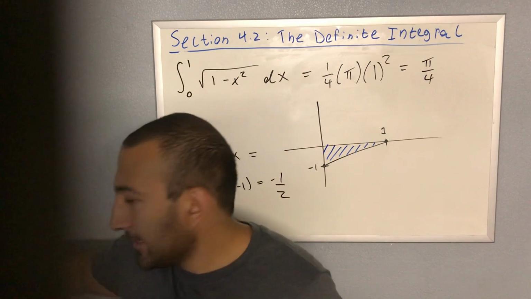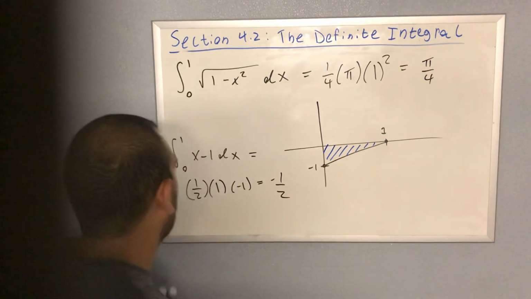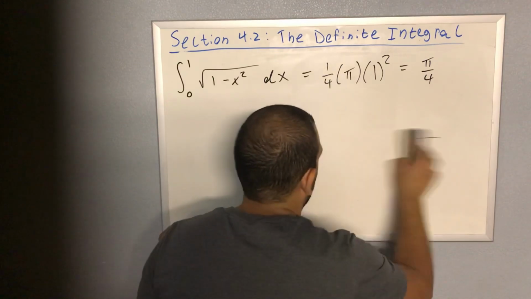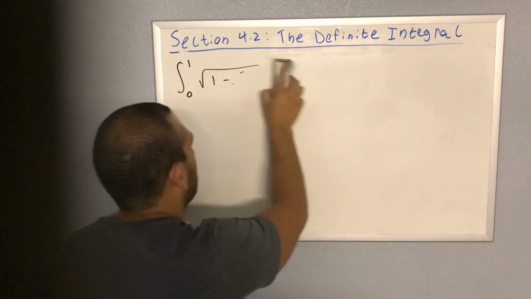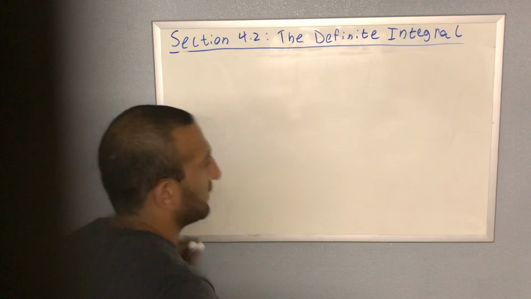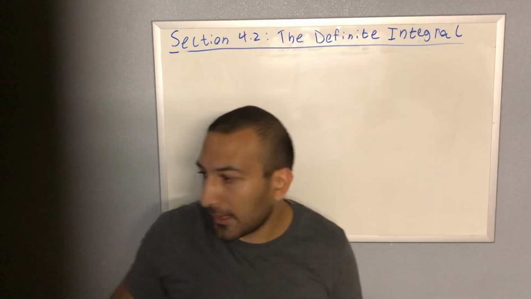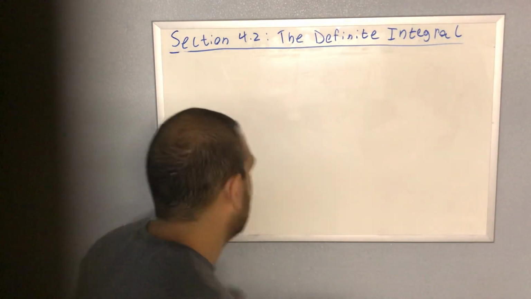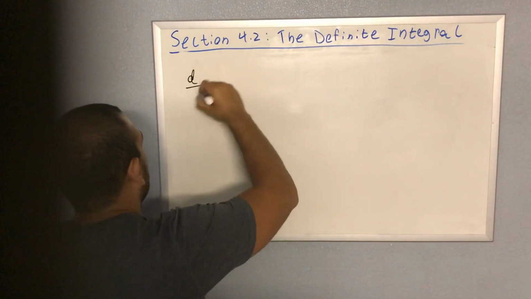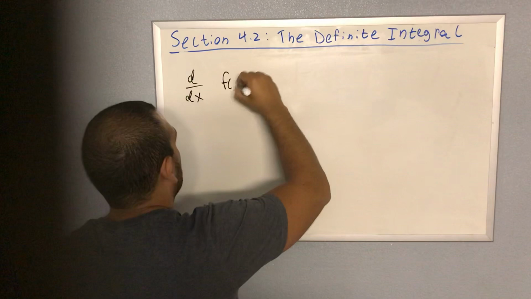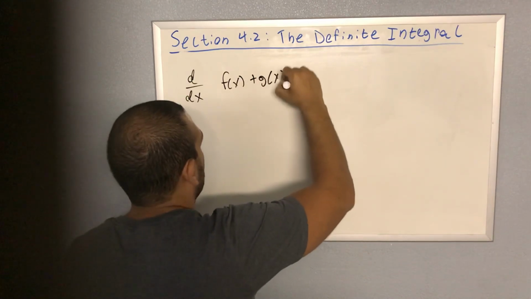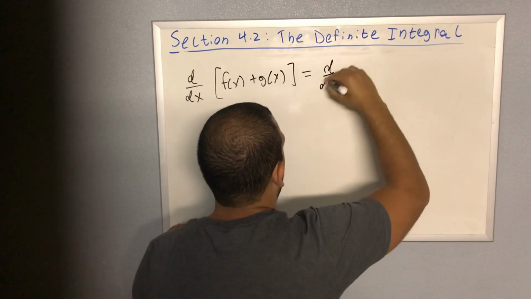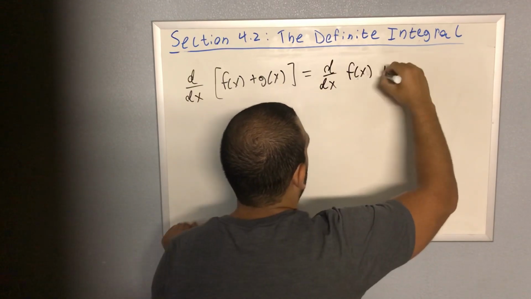Okay, and then now let's get to some of the properties of the definite integral. Remember, with the derivative we had a lot of properties. For example, if you take the derivative of two functions added together, that was the same thing as taking the derivative of each function separately and then adding them.